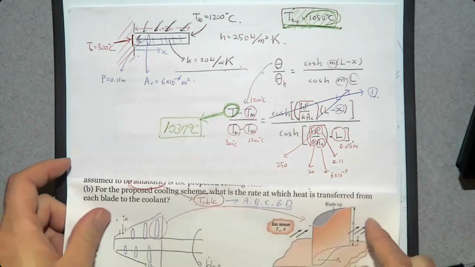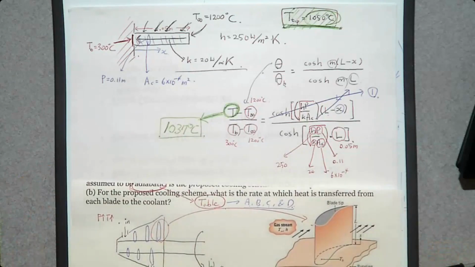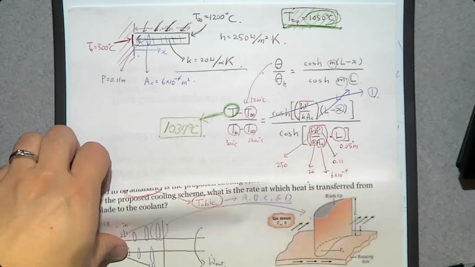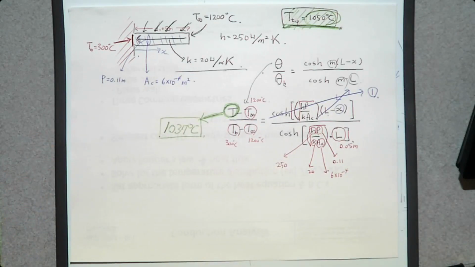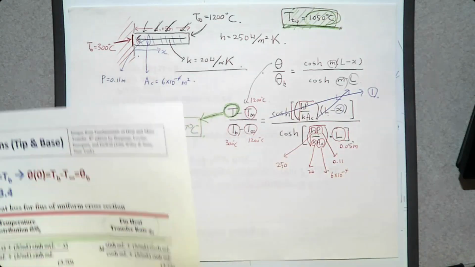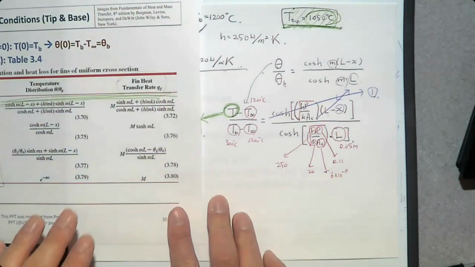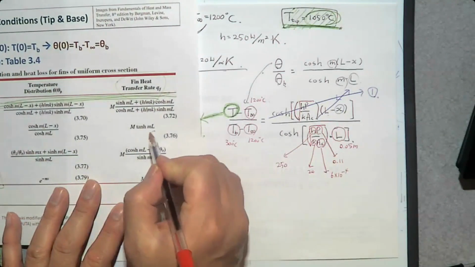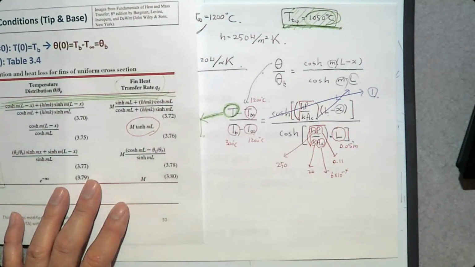Then what is the second question? What is the rate at which heat is transferred from each blade to the coolant? That means, what is the fin heat transfer rate? And how can we determine the fin heat transfer rate? This is the fin heat transfer rate.